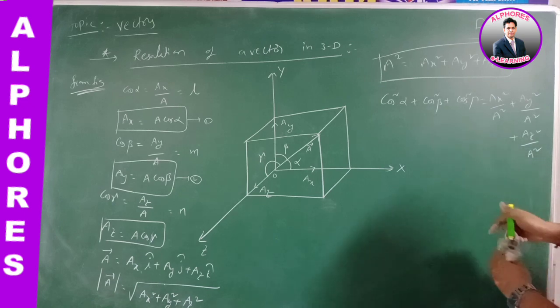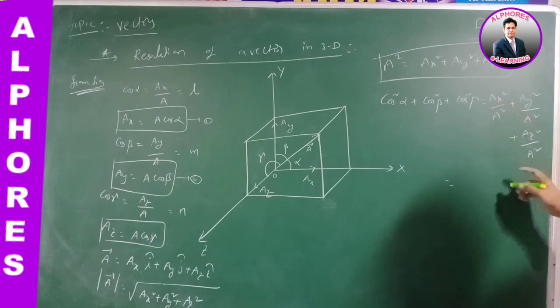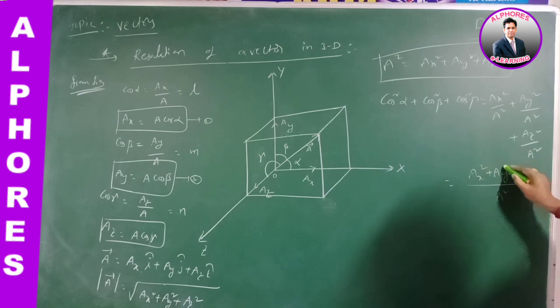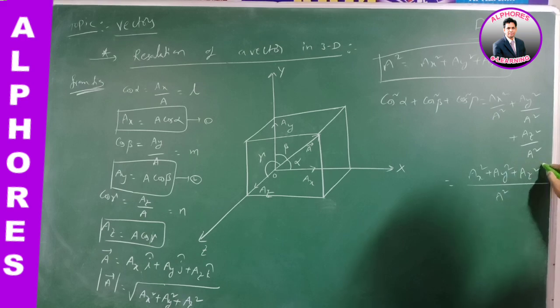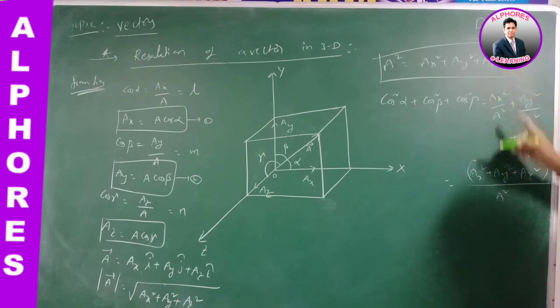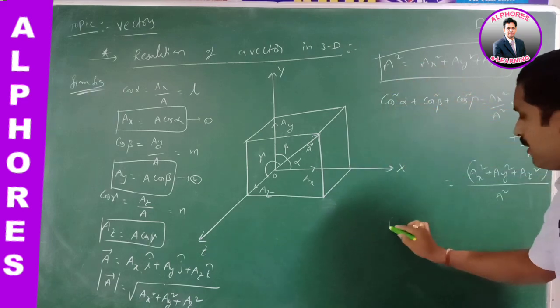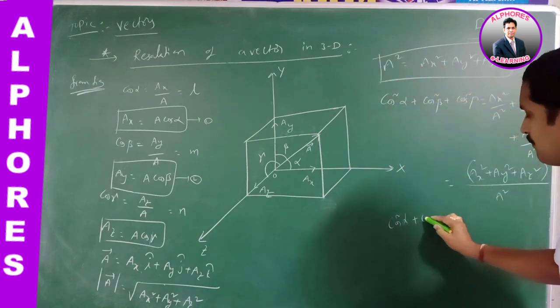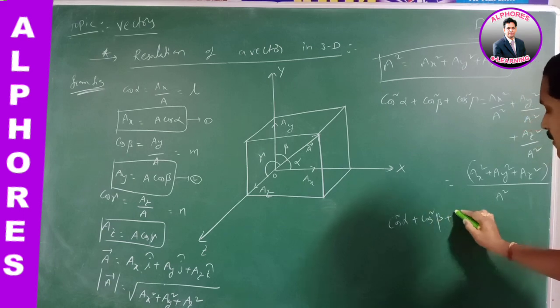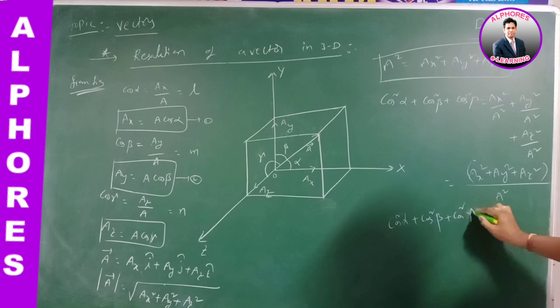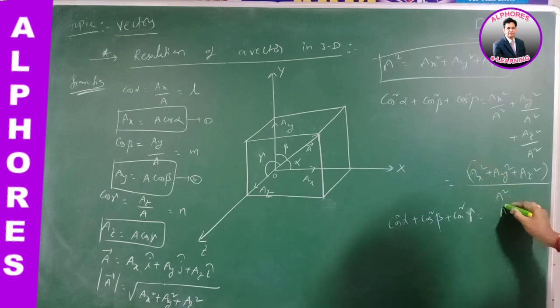Now what happens to this total value? In these three terms, the denominator is common to all, so it can be written as a square in the denominator, with ax square plus ay square plus az square in the numerator. But you know that ax square plus ay square plus az square is nothing but a square. So cos square alpha plus cos square beta plus cos square gamma is a square by a square, which is equal to 1.